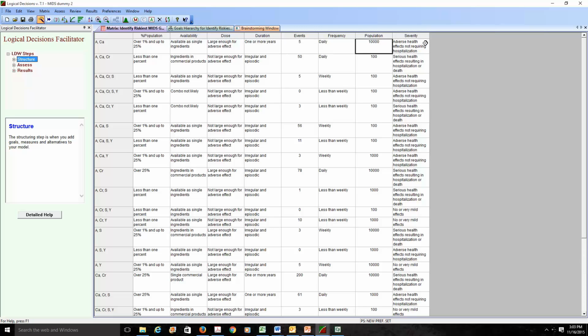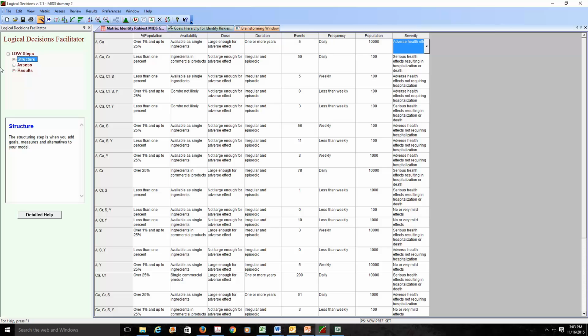And then the severity. We had serious health effects, adverse health effects, no or very mild health effects. And so for each combination, we use the available evidence to rate each of our criteria.